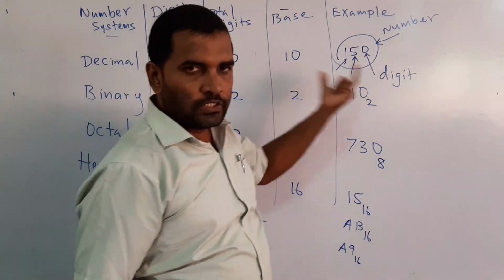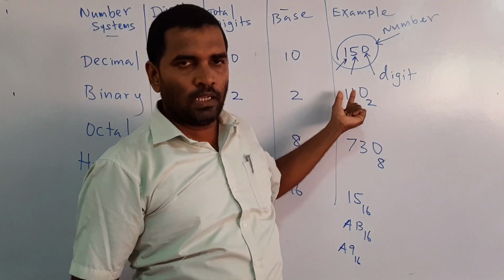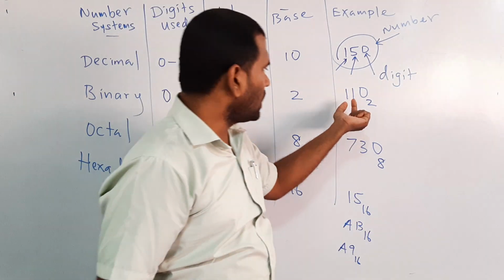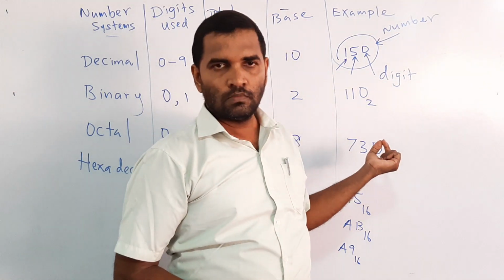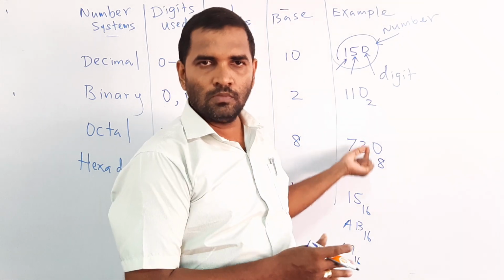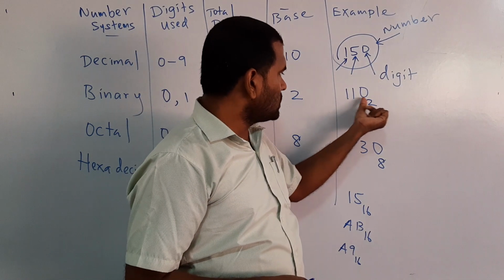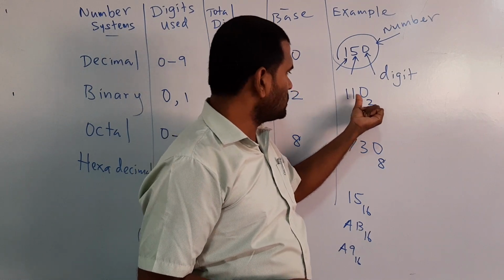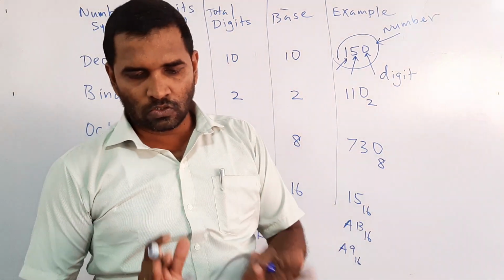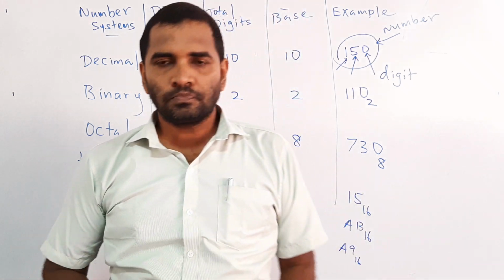This is not only for decimal numbers, this can be applied for all the numbers. Even 110 is a number. Doesn't matter if it's decimal or binary or hexadecimal or octal. 110. This one is a digit, this one is a digit, this is a digit. So the fact is very short.